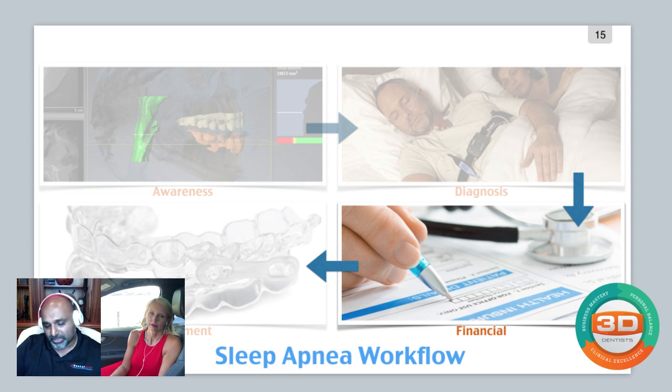So let's pretend in this particular case, and as many times as the situation, our patient has been diagnosed and it is determined, or the patient chooses, that they would like to partake in appliance therapy to help manage, not necessarily treat, but manage their obstructive sleep apnea. So what I always tell people, the number one way is we always have to make this affordable for our patients.